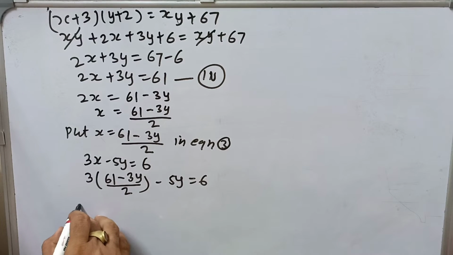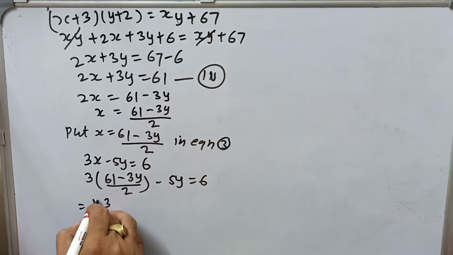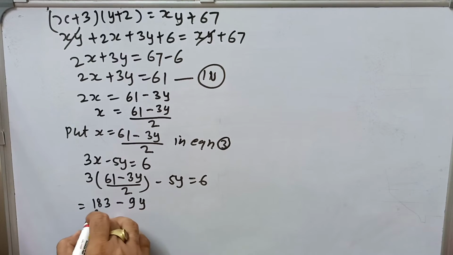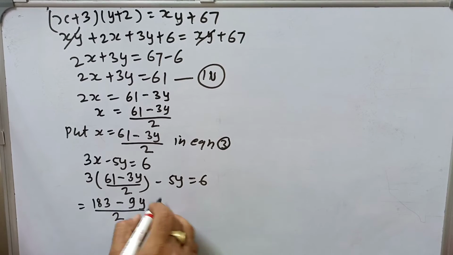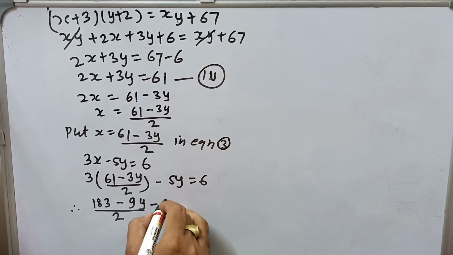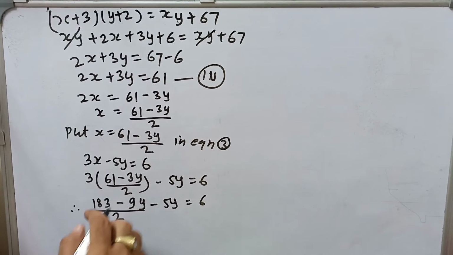So now if we multiply, 3 times 61 is 183, minus 9y upon 2, minus 5y is equal to 6. Here we want to cancel out the denominator, so we will multiply each term by 2.